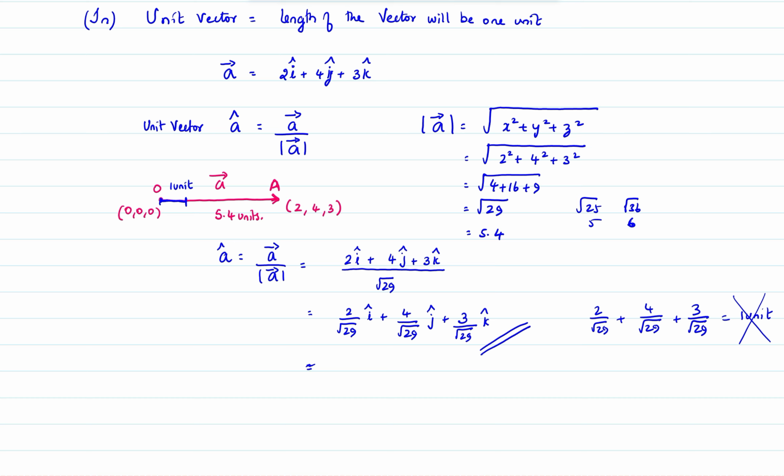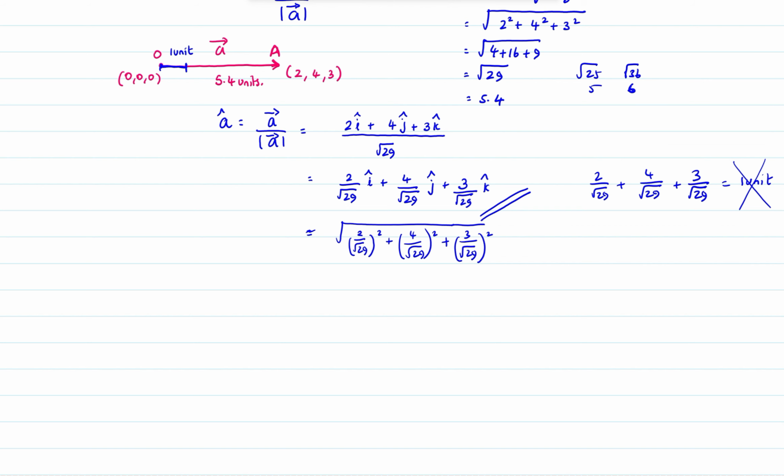So this will be equivalent to root of 2 by root 29 the whole square plus 4 by root 29 the whole square plus 3 by root 29 the whole square.